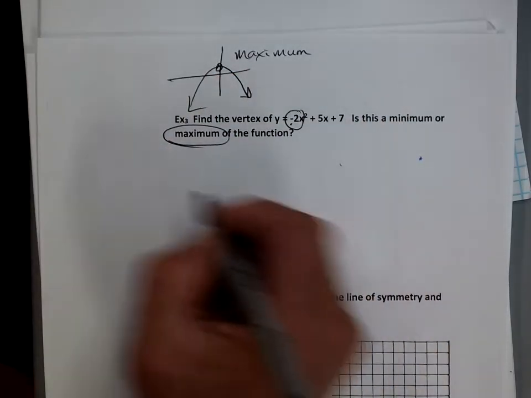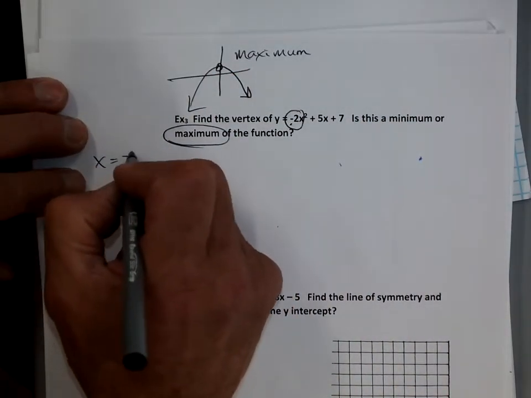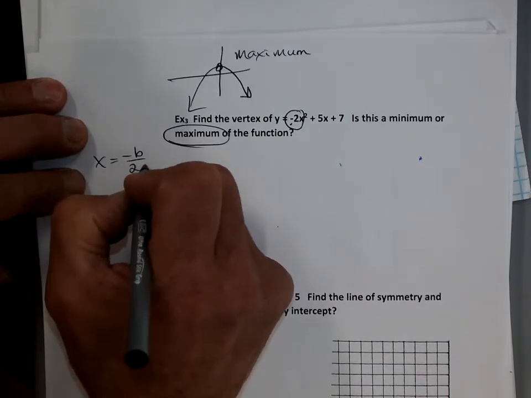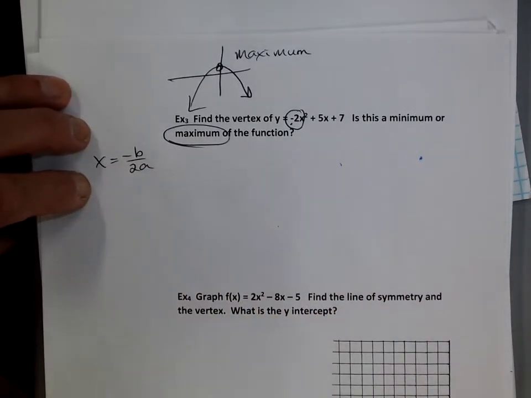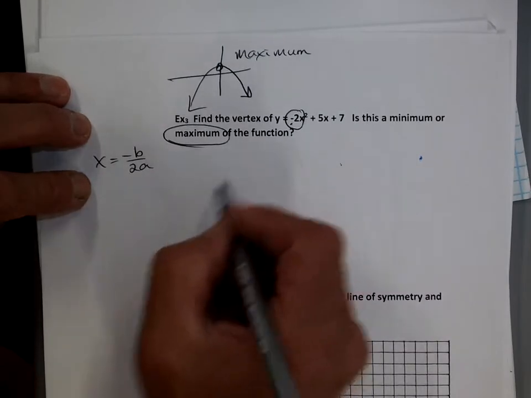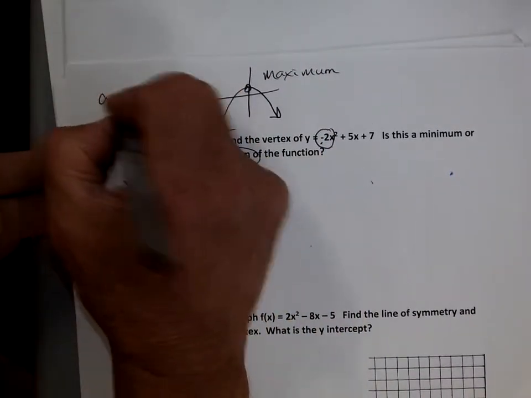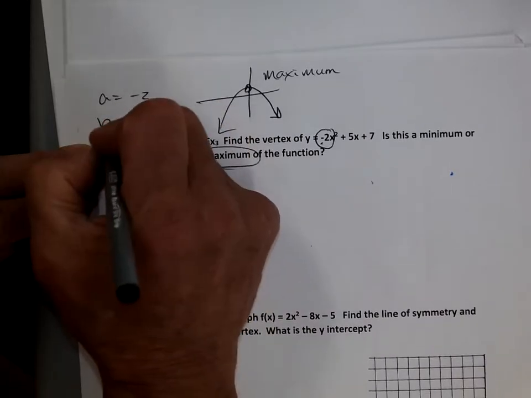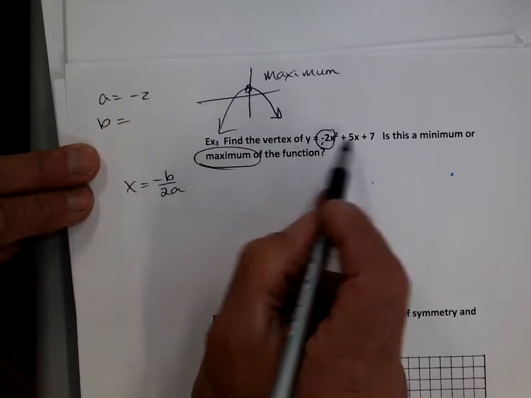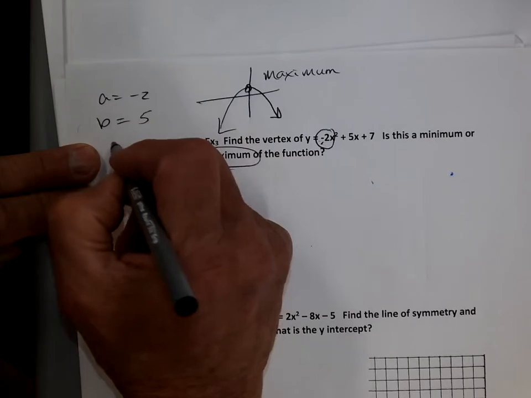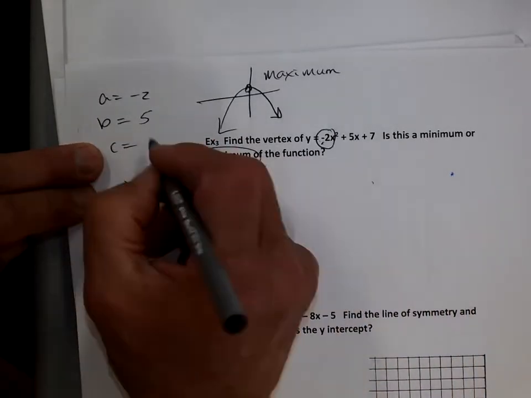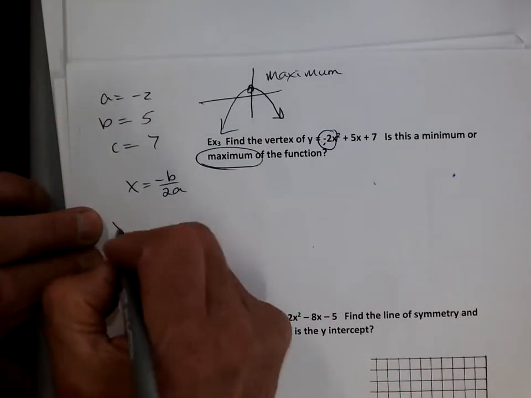So let's find it. Again, I'm going to use my formula, x equals negative b over 2a, okay? And I know my a is negative 2, my b is 5, and my c is 7, and let's plug it in.